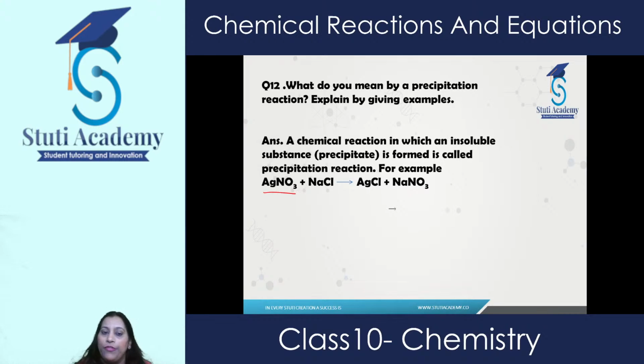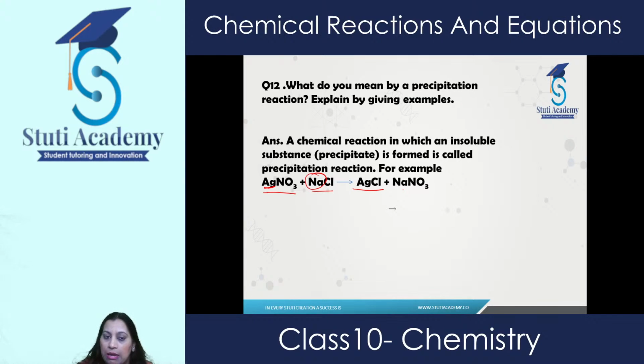So here also, if you look at this example, it's a very important reaction. As you can see here, when this reacts with this, it means it can easily replace it. Here silver chloride is formed and sodium nitrate is formed. So this is a balanced chemical equation.